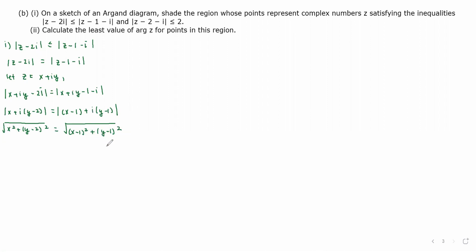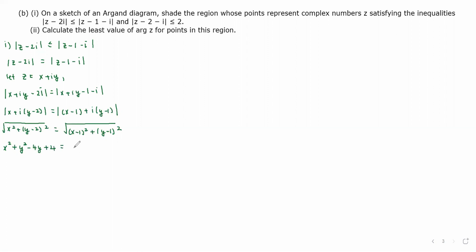Since we have square root on both sides, we can square both sides and we are just left with the expression under the radical, which we can expand. On the left, we have x squared plus y squared minus 4y plus 4.